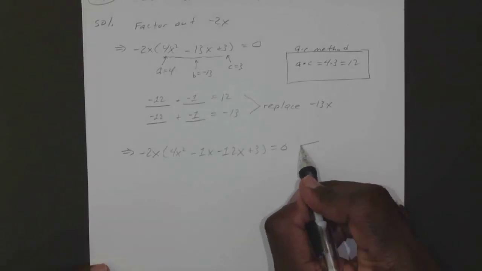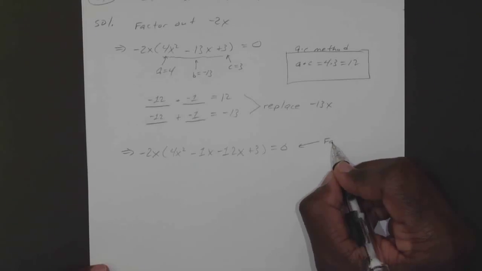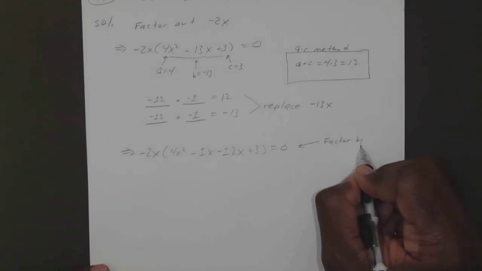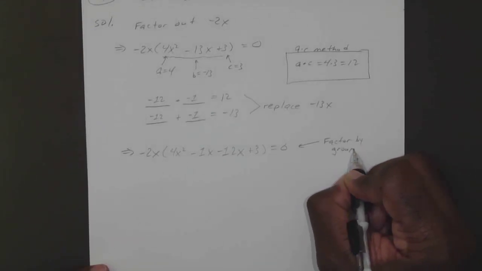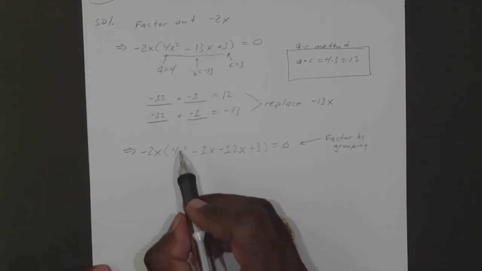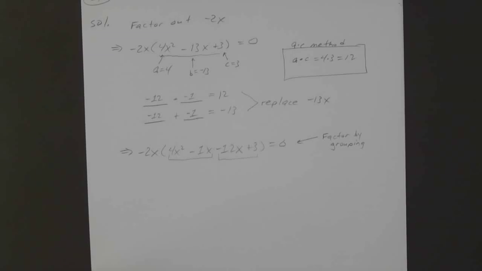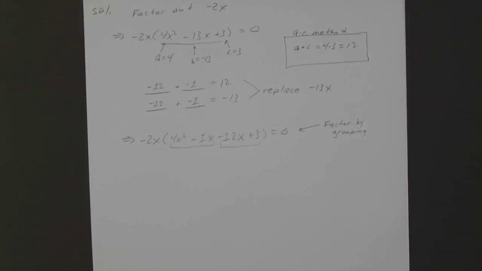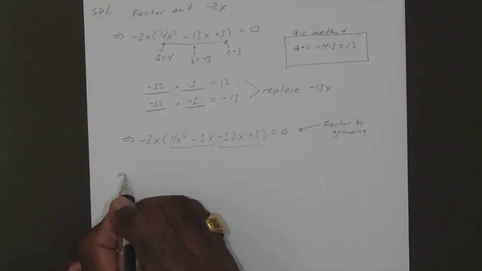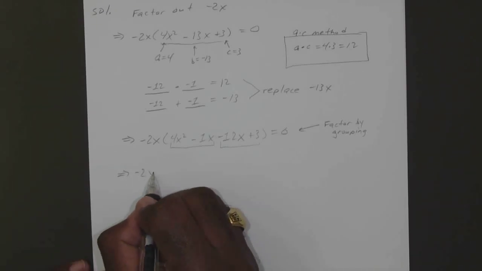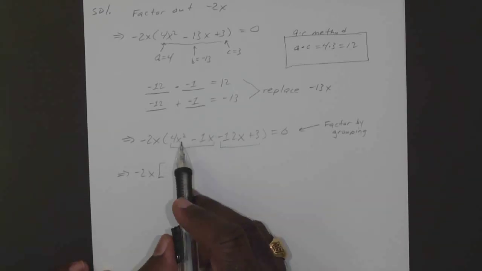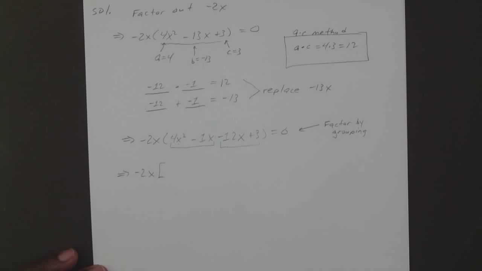Okay. So now we do factor by grouping. Okay, we get these two and these two. Okay, so we have negative 2x. With these two, you can actually factor out a x.